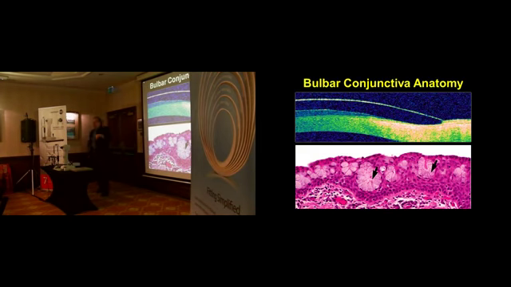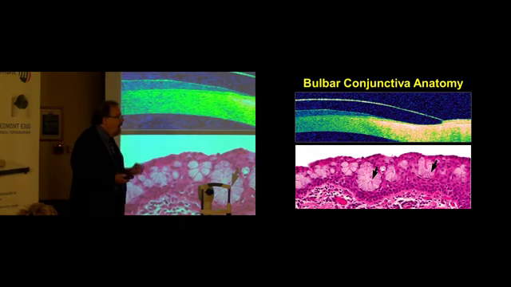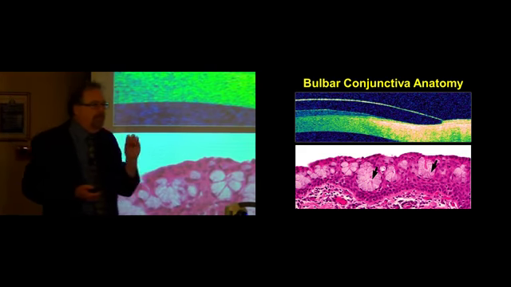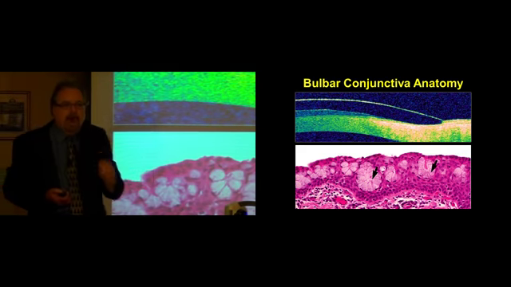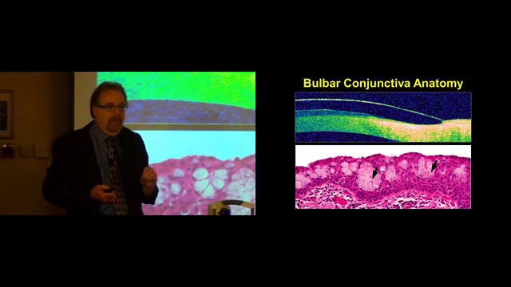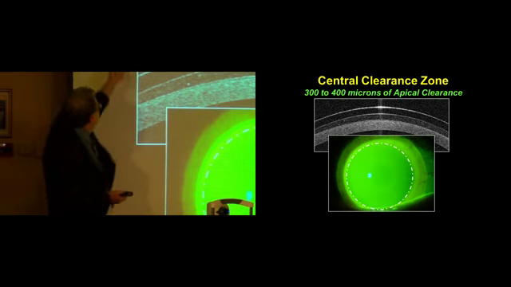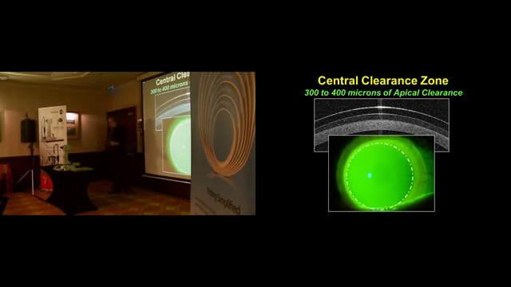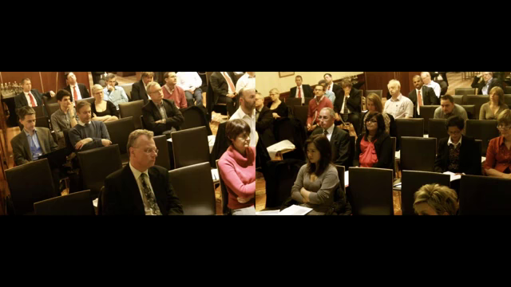Now, the question is, why do you need all of that clearance? Because when you and I are fitting a standard 9.5 millimeter corneal contact lens, our target amount of apical clearance is around 20 microns. And now we're seeing 300 to 400 microns? That's insane.